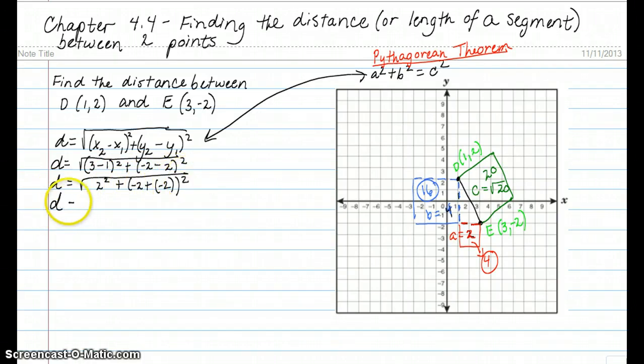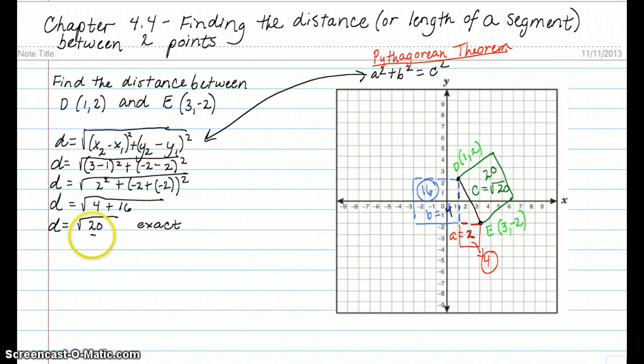So D equals square root of 4 plus negative 2 and negative 2 is negative 4. Negative 4 times negative 4, or negative 4 squared, is 16. And so D equals the square root of 20. 4 plus 16 is 20. Now, whenever you have something like this, this is the exact answer, but it's not a simplified answer. You always look for perfect squares that will fit within this 20.